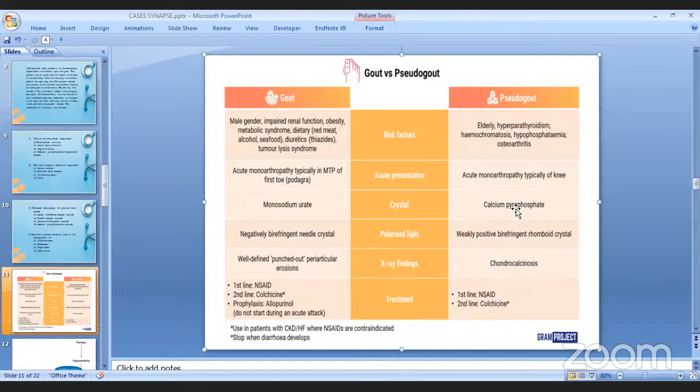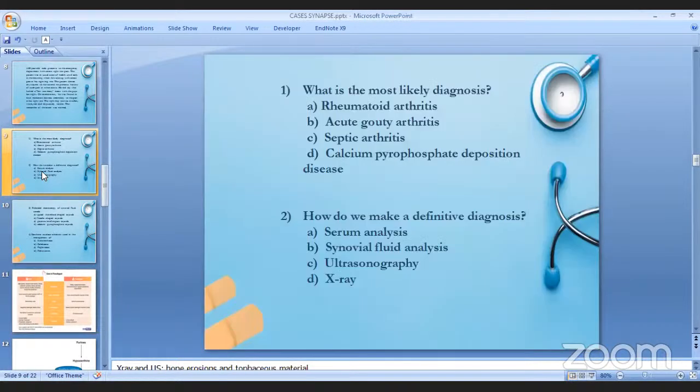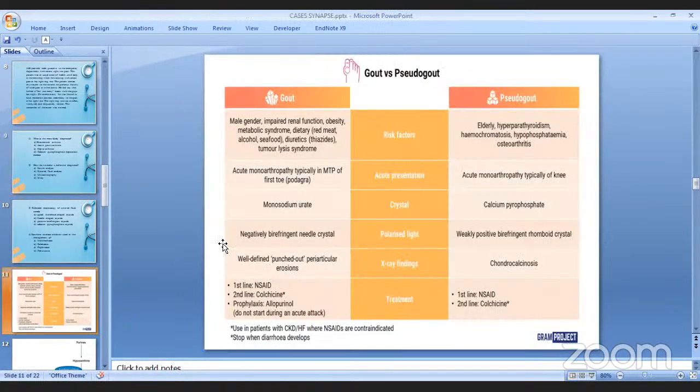Okay now let's talk about something है त. हामी we had talked about कसरी चाहिँ definitive diagnosis गर्ने भनेर, right? It was related to aspiration of the synovial fluid and then analyzing it, synovial fluid analysis. So what do we do after we aspirate the synovial fluid?